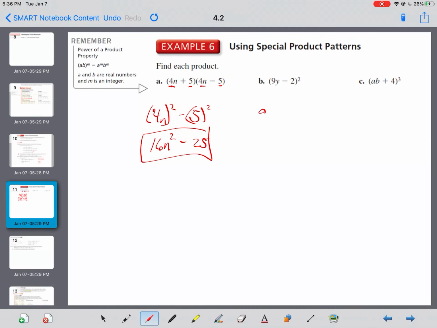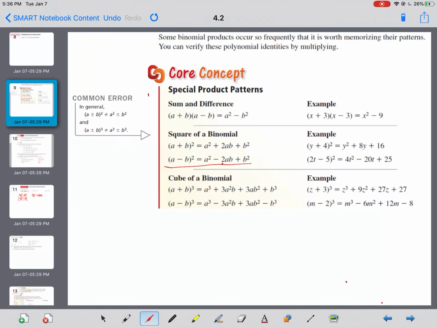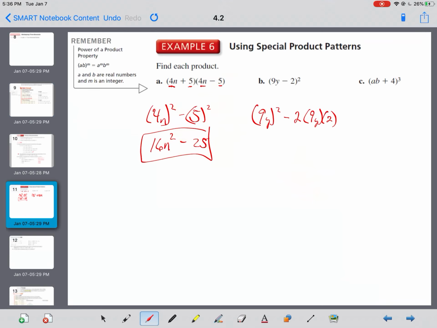So we got 9y squared minus 2 times 9y times 2, not negative 2. And then, double check the pattern, plus b squared, plus 2 squared.